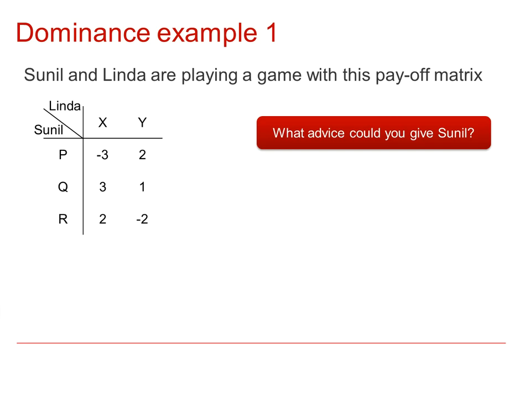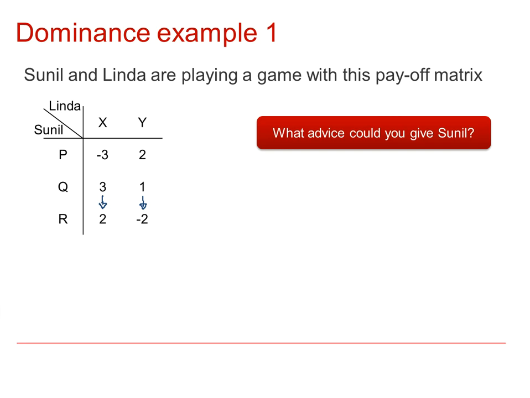Now you may have come up with the idea that 3 is bigger than 2 and 1 is bigger than -2. So is there any point in Sunhill actually playing row R, or playing strategy R?